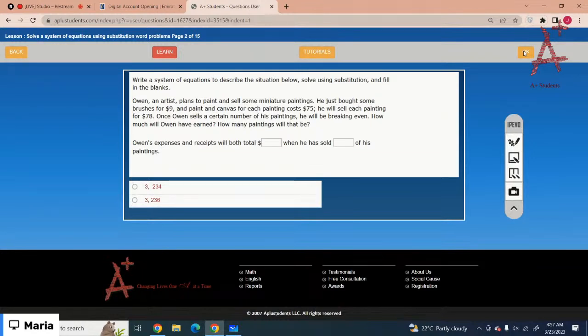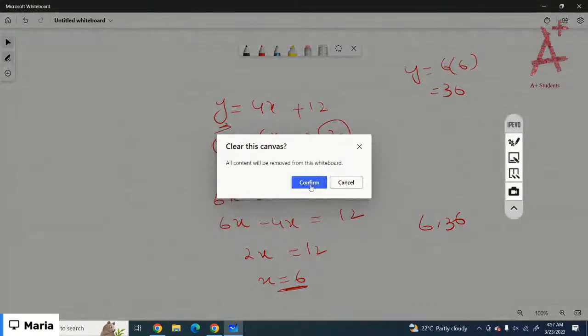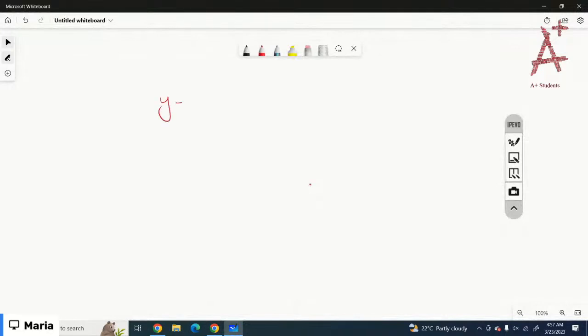So we have to write down the equations. He just bought some brushes for $9 and paint and canvas for each painting cost $75. So it would be y equals 75x plus 9. So the first equation is y equals 75x plus 9.